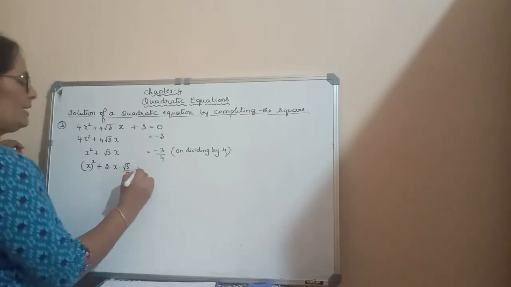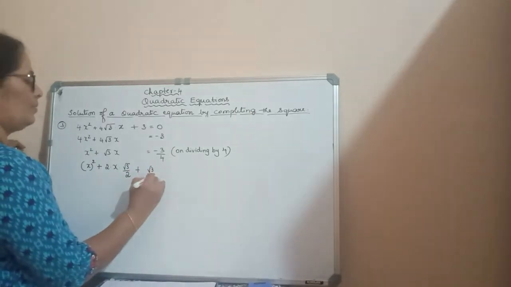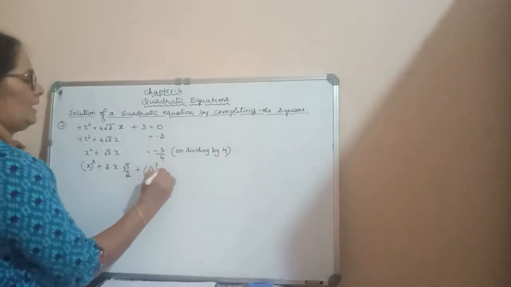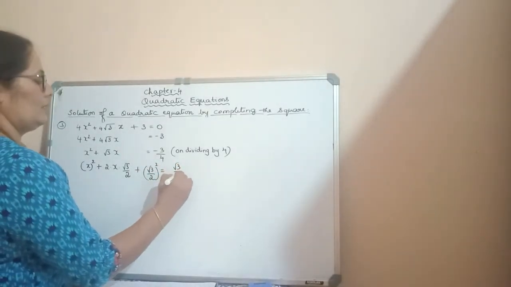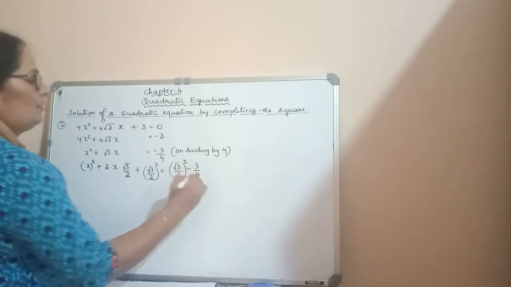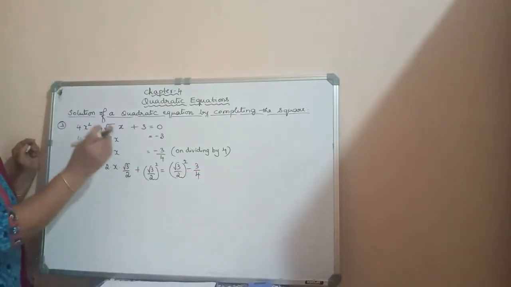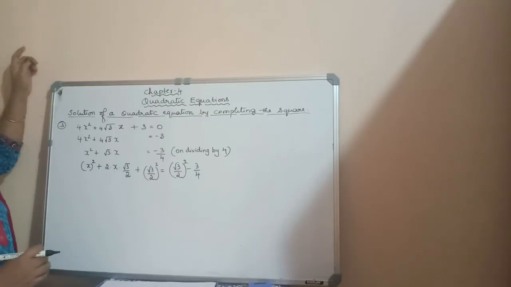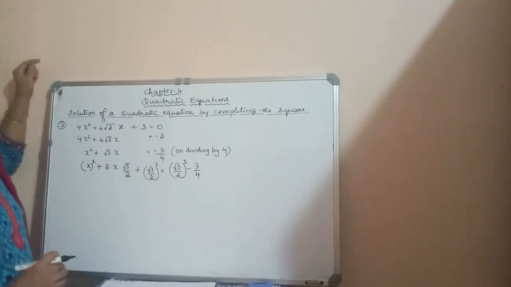So add (root 3 by 2) whole square on both the sides. Okay.